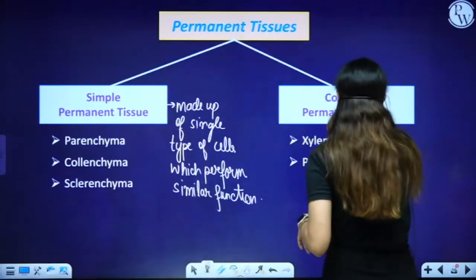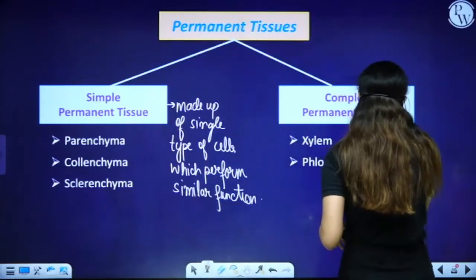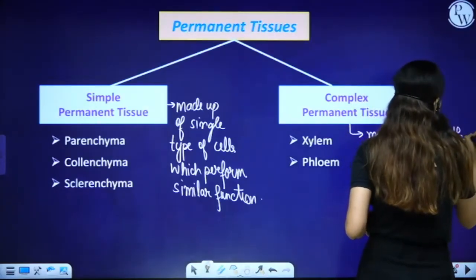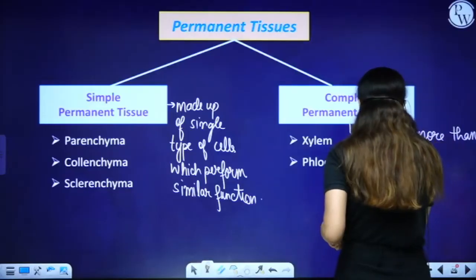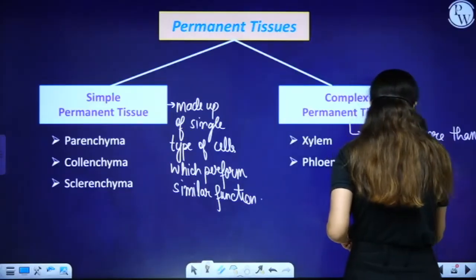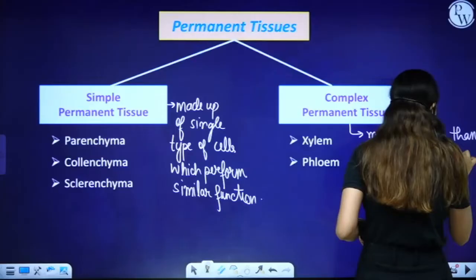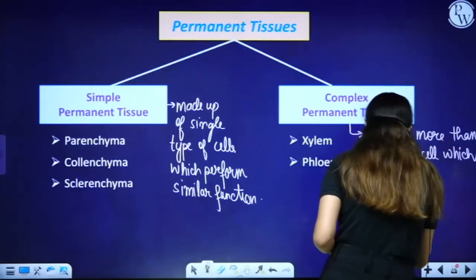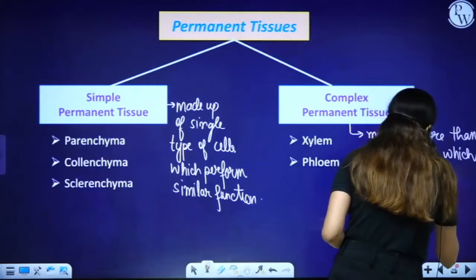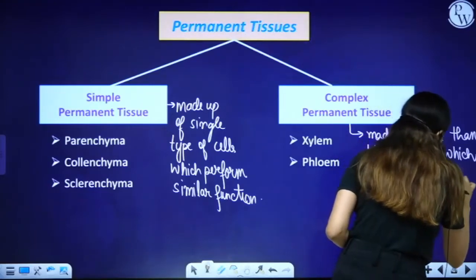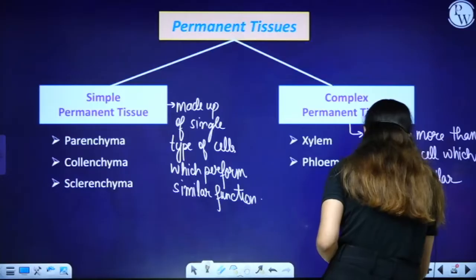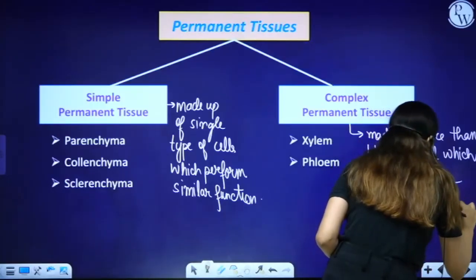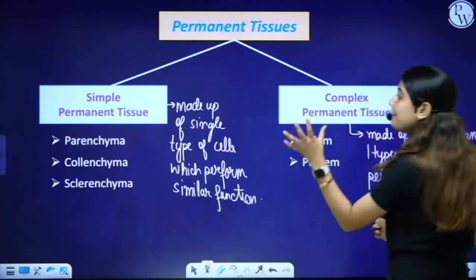So complex permanent tissues are made up of more than one type of cell which perform similar function as a unit, right? That was about the simple and complex permanent tissue.